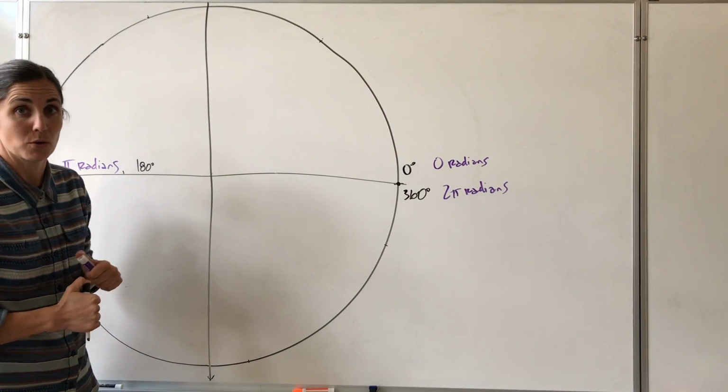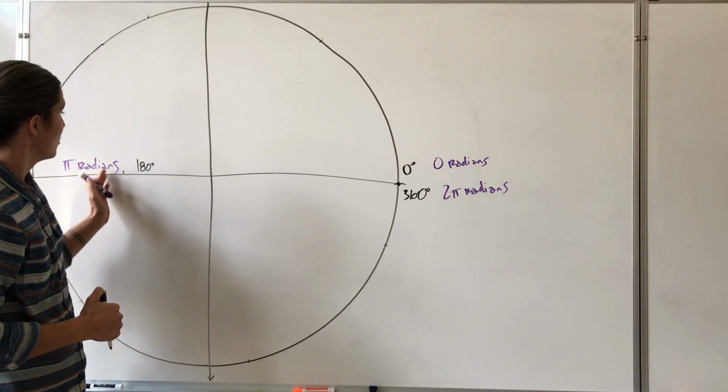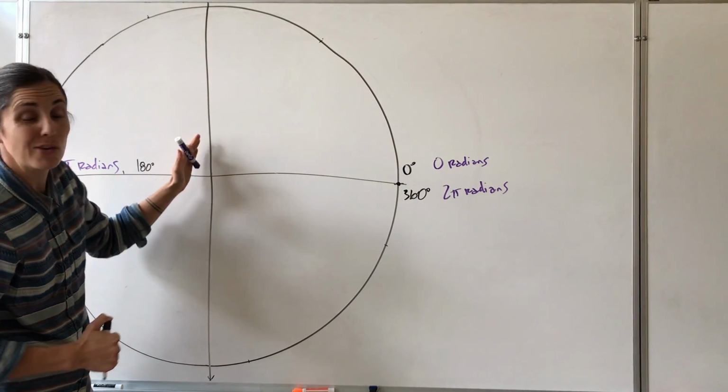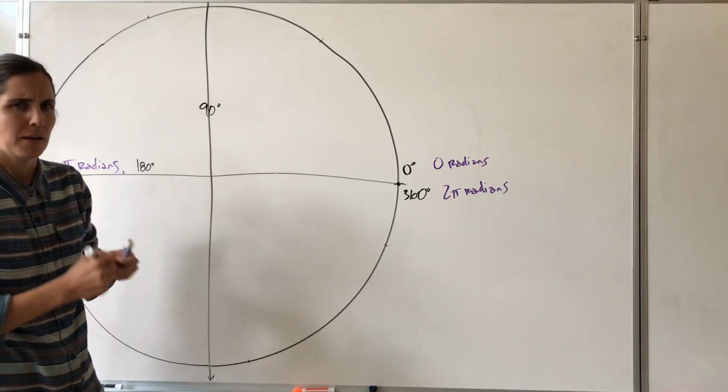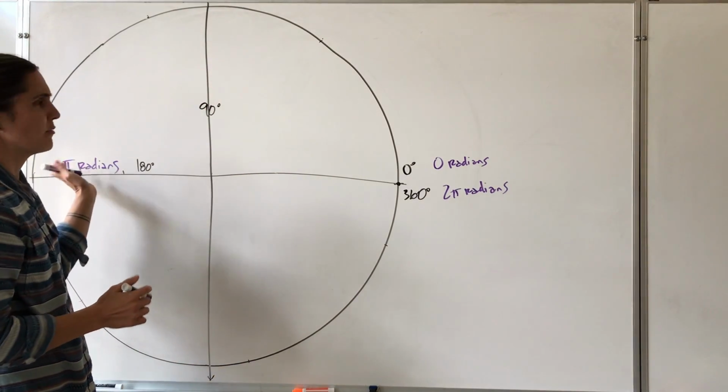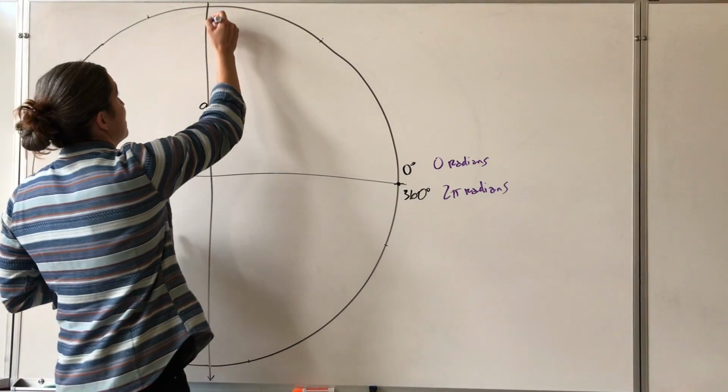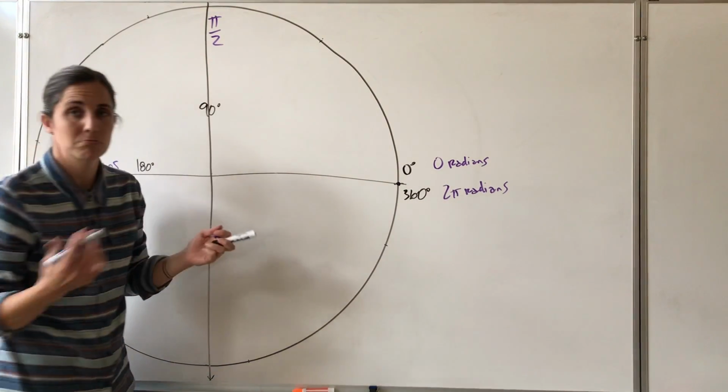Continuing that logic, half of 180 we know would be 90 degrees. And in radians, instead of pi radians, it would be half, right? It would be pi over 2 radians.